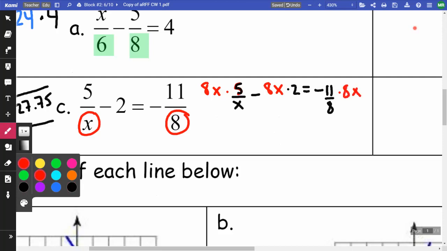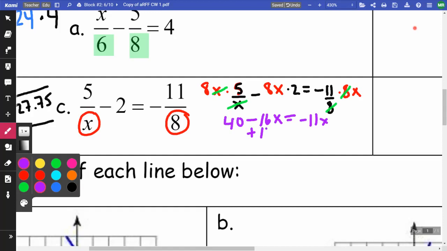I'm multiplying everything on both sides by 8x. So when I do that, this x and x cancel, and I am going to end up getting a 40 here, minus, nothing cancels here because I didn't have a denominator, so 16x equals, and this 8 and 8 cancel, and I end up getting a negative 11x.